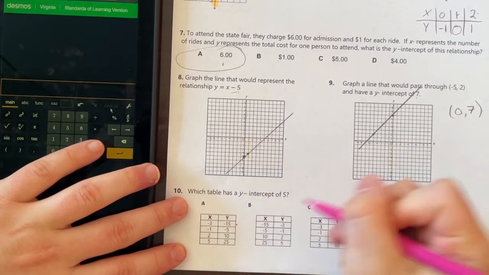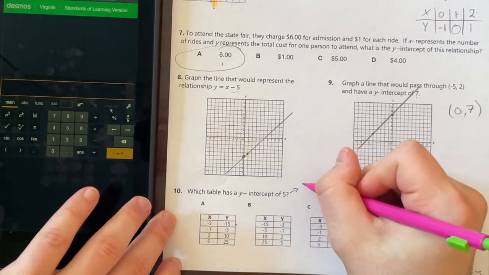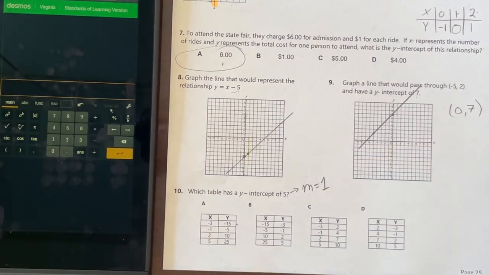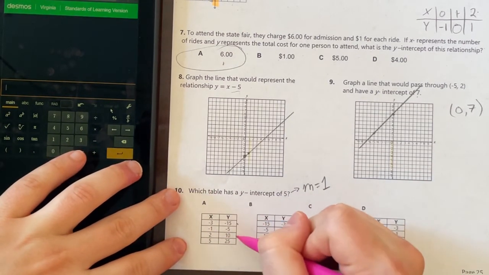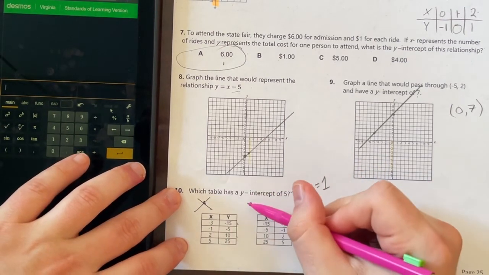So if it has a y-intercept that is not 0, that means that our slope m is always going to be 1. So you have to make sure that you're mindful of that. So this slope is 15. This is not a slope of 1. This is not a slope of 1.